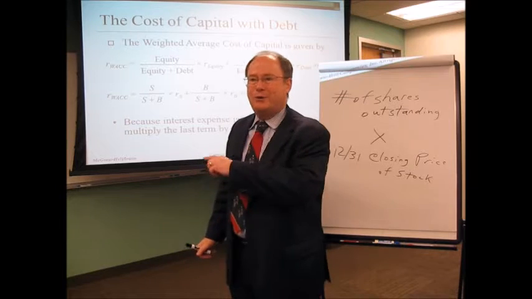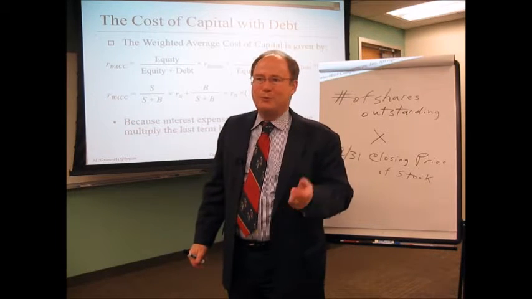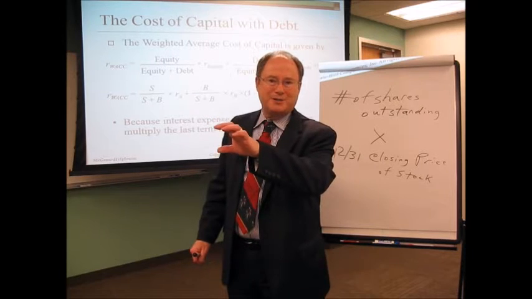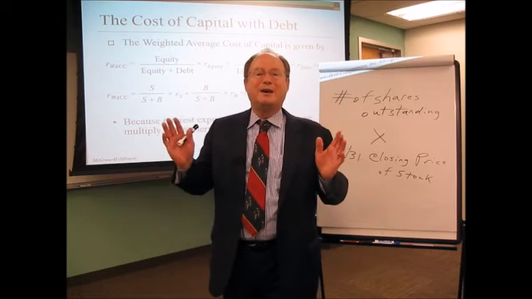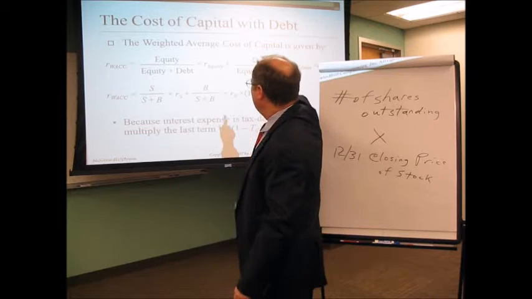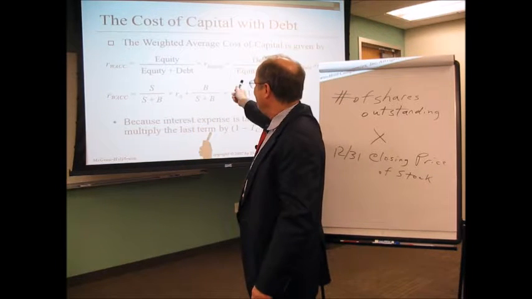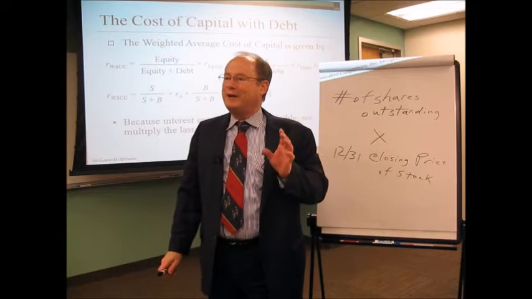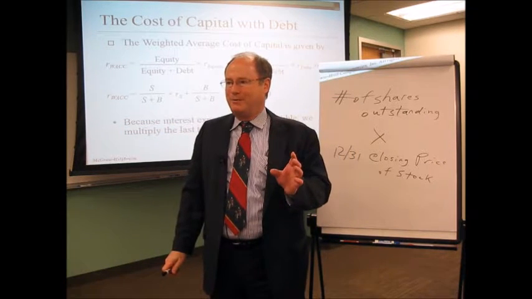The cost of equity, the formula that we went through, the risk-free rate plus beta times the market return minus the risk-free rate, that gives you the cost of equity. You've got all the components you need, and you take the weighted average, and that interest rate becomes your weighted average cost of capital.